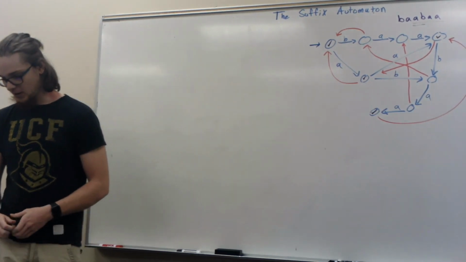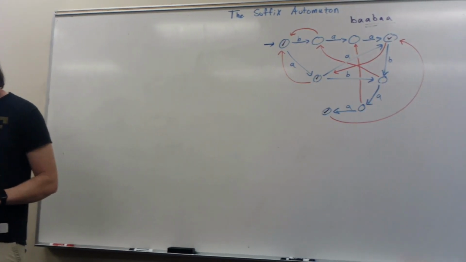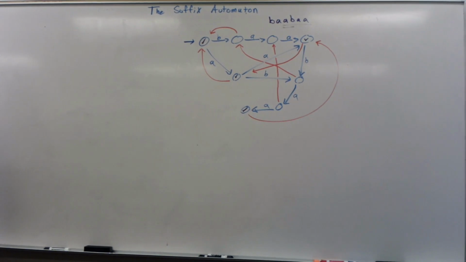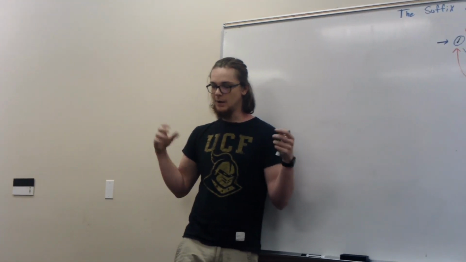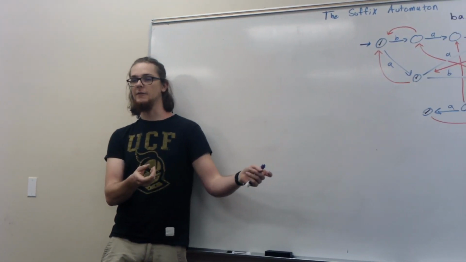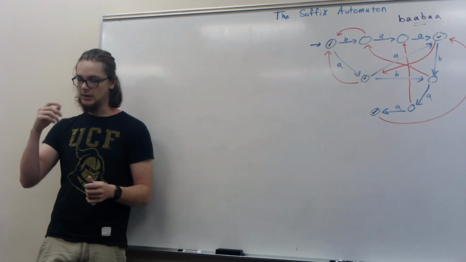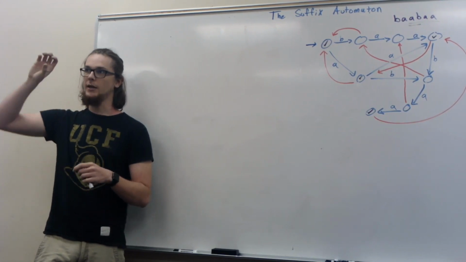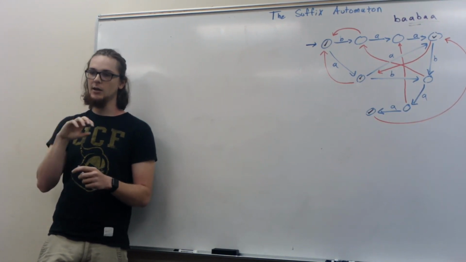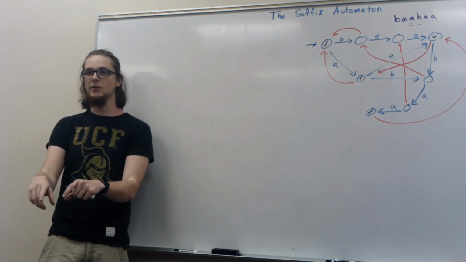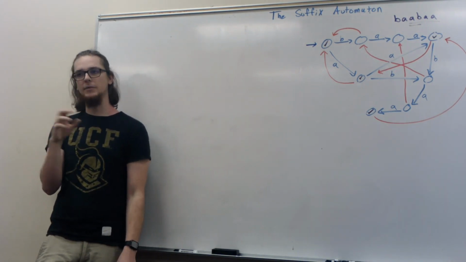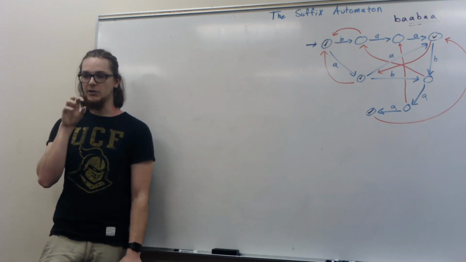Pretty cool trick. Yeah, you can also do longest common substring between two strings by putting the suffix automaton on the first string, and then for every character in the other string, I try to take a down edge from the node I'm at.